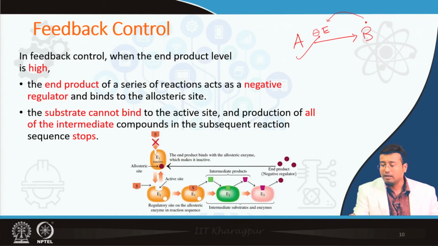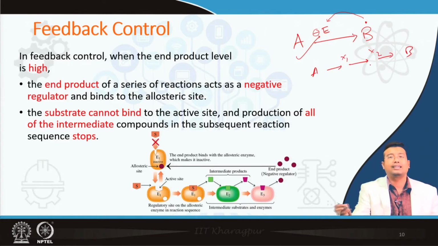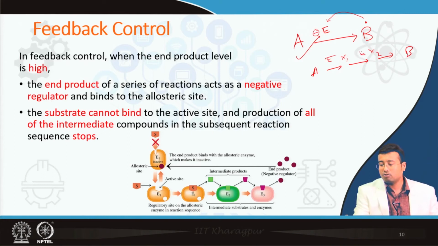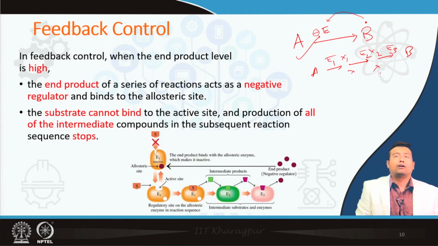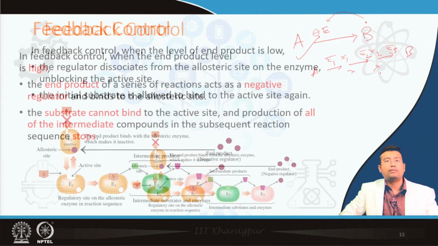Maybe A is getting converted to B via multiple steps, there are multiple compounds X1, X2, and then it is getting converted to B. There are enzymes E1, E2 and E3. When it is inhibiting E1, all the intermediate products will not be formed, right? So this is an example of end product inhibition.